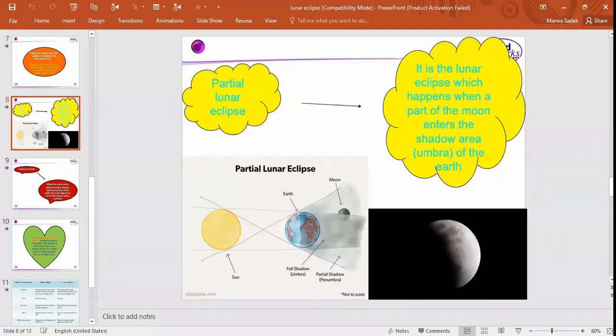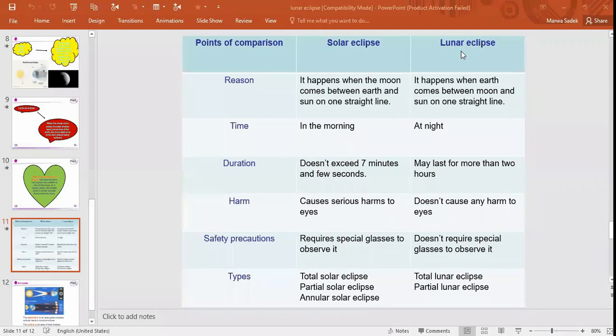The sun will not appear as a lighting ring, because the size of the Earth is bigger than the size of the moon, so it always blocks sunlight from reaching the moon. Okay, guys?